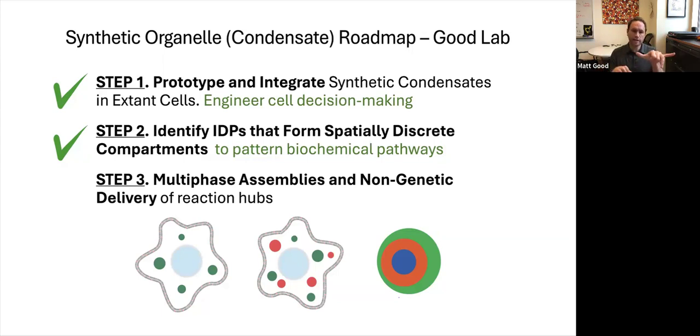If you just think about having an IDR and a folded protein fused together, the relative composition of each of those will control CSAT. So as you recruit larger and larger amounts of bigger proteins, you can actually start to raise CSAT, and that will affect foci formation. The way we deal with this is to control the stoichiometry. So we try to have the scaffold be 10 to 20x higher than the target. Then the partitioning of the target will lead to only a very small shift in CSAT.